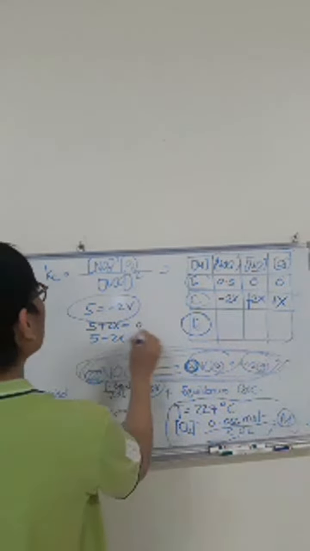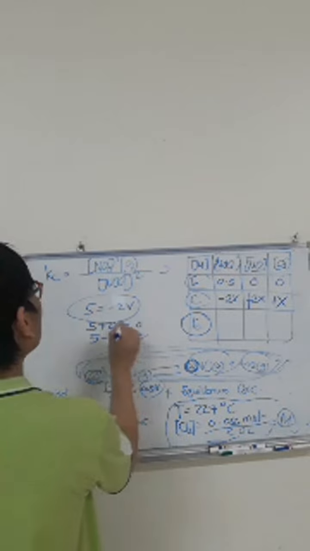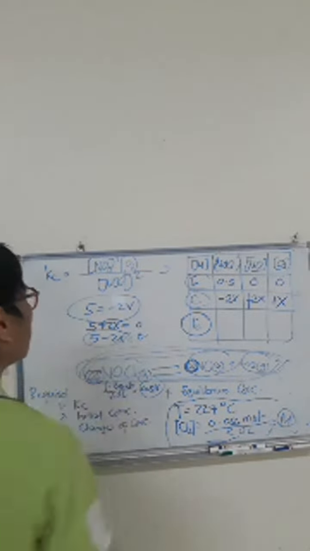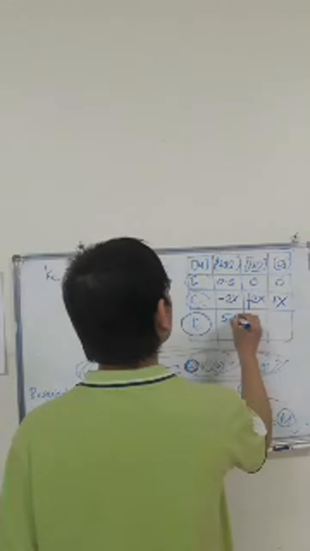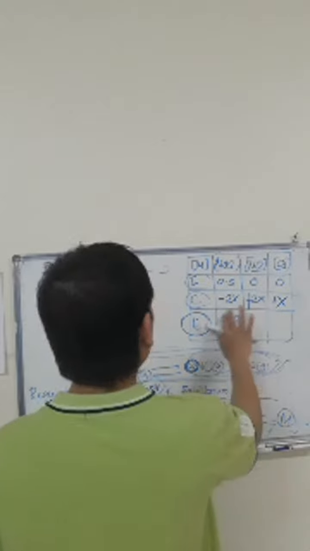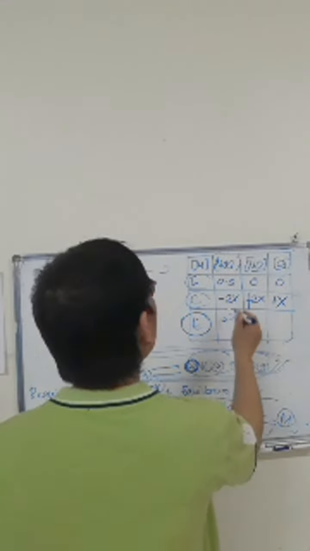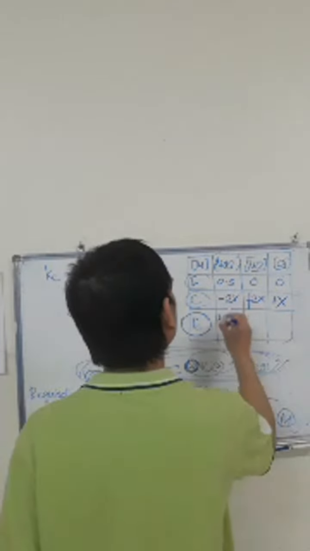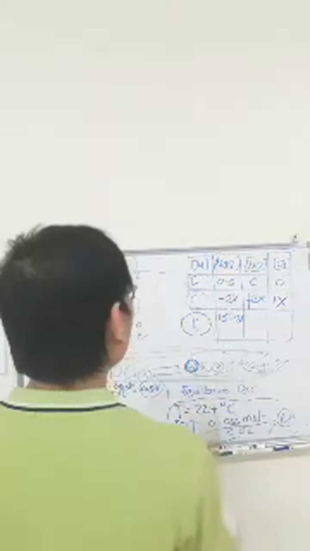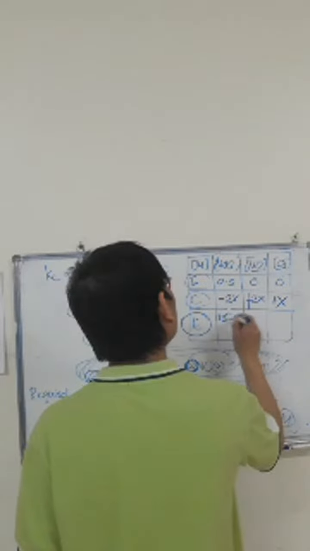Because in math, the positive 2 will become negative. That's why 5 minus 2x. Okay, we will put here 5 minus 2x. Meaning to say, guys, this is 0.5, so not 5, 0.5. Okay, sorry, my eyes are blurry. So 0.5 minus 2x.